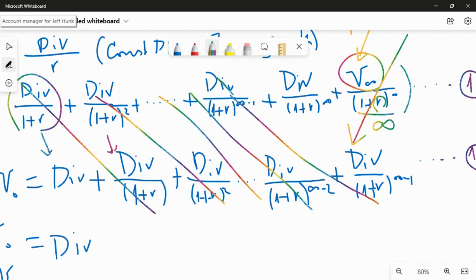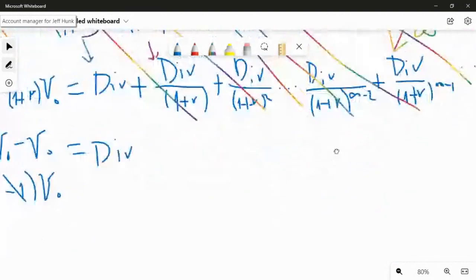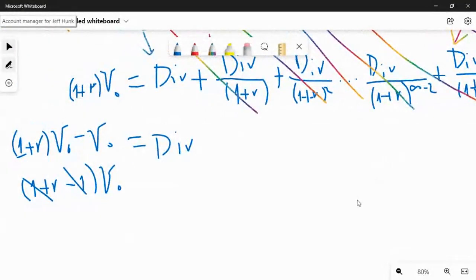And although I didn't write it here, dividend is, infinity is infinity. Whatever is there in the infinity, it will still cancel out each other. Right? So finally, we are left with nothing on the right-hand side other than just dividend.